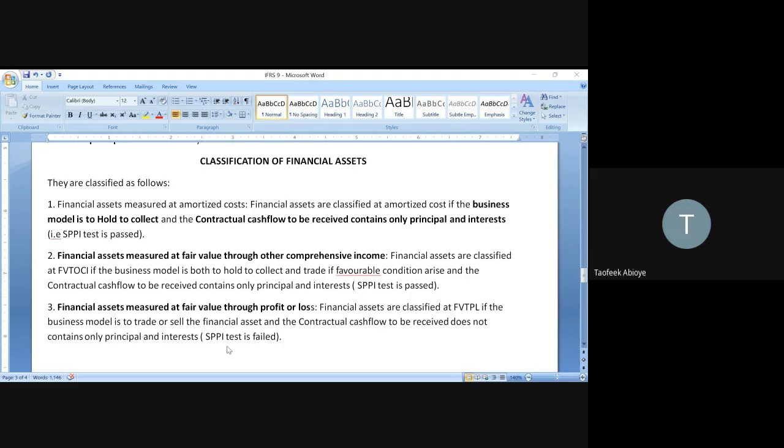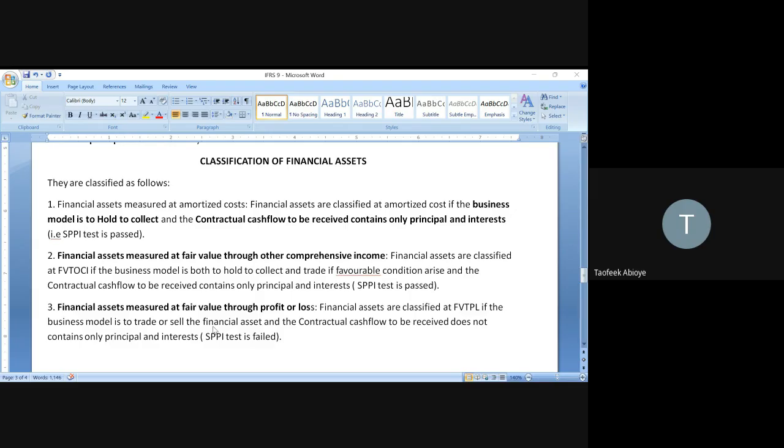So that is just about that. But whenever it is passed, then look at the business model. Is it hold to collect? Then classify as amortized cost. If it is hold to collect and sell, then I'll classify as fair value through OCI.